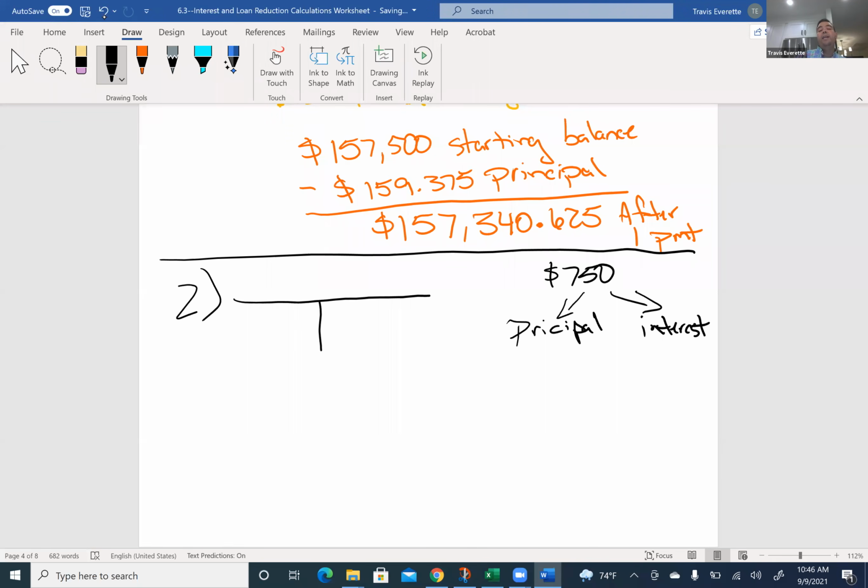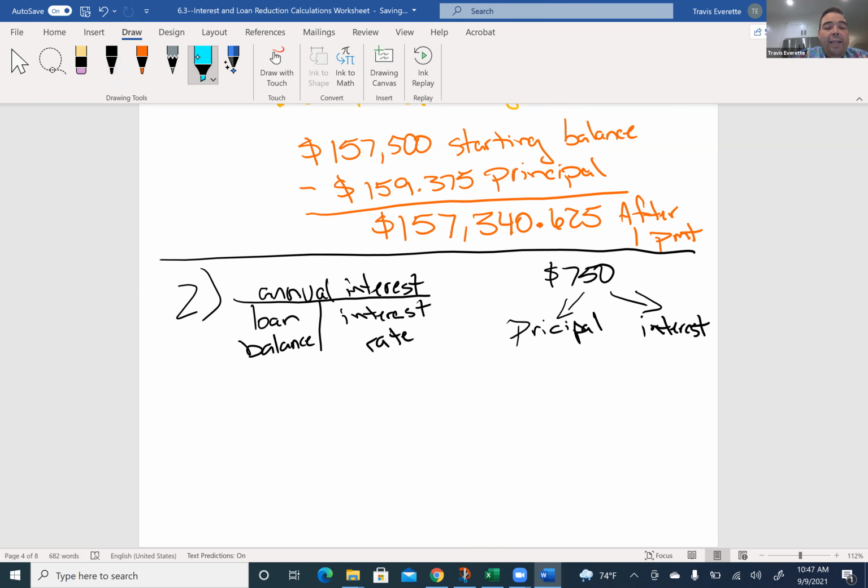The reason for that is when you look at this formula over here, annual interest is always equal to the loan balance times the interest rate. The loan balance times the interest rate.